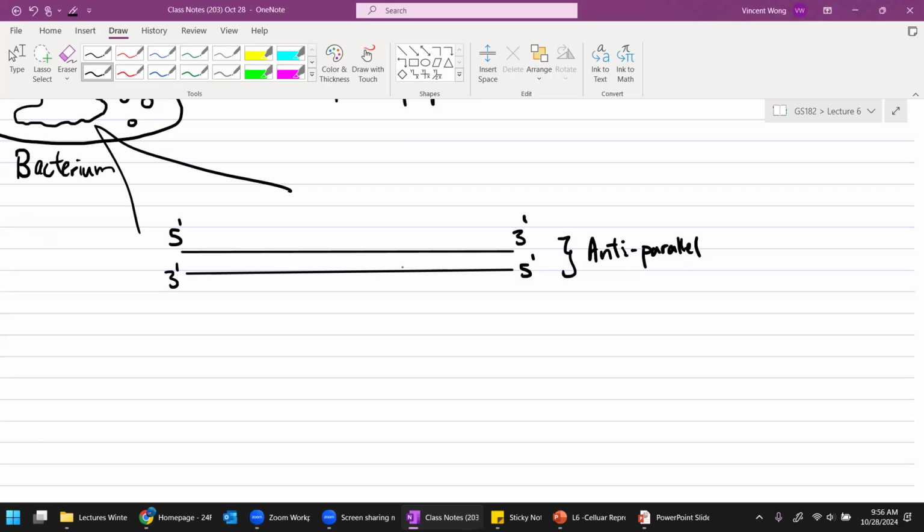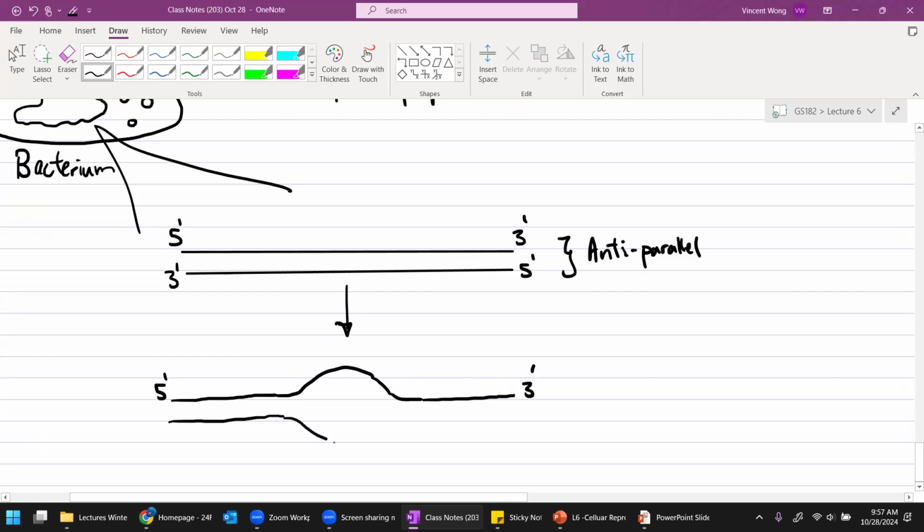Anyways, so when you want to copy a DNA, you have to open up a bubble, okay? You might open it here, you might open it here, and that's called the origin of replication, or replication bubble. And then it will look like this. 3' to 5'.